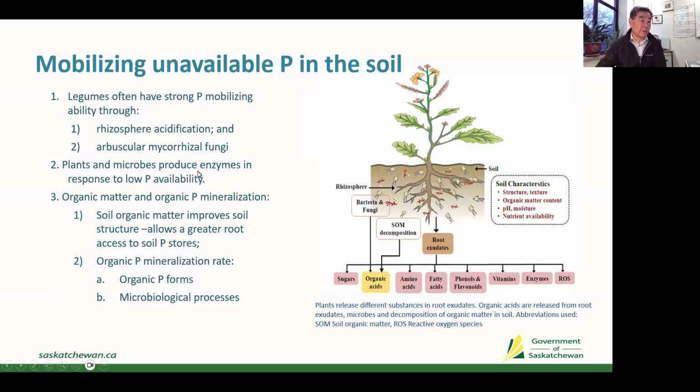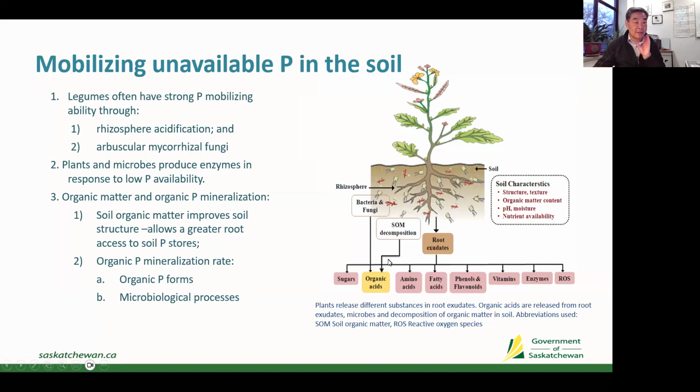Plants and microbes produce enzymes in response to low P availability, particularly in organic cropping systems when the soil P level is low, and the plants try to exude more of those things.